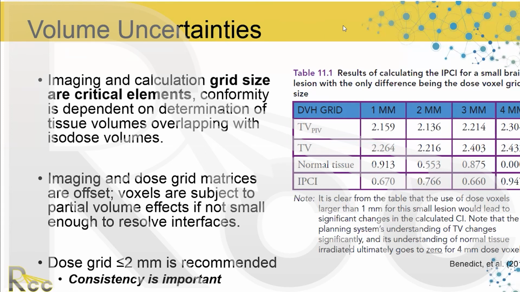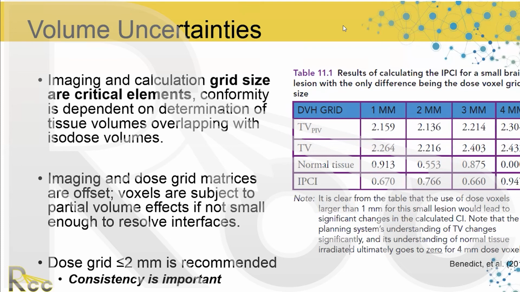How you assign the dose calculation grid and overlay that onto your imaging grid really can change things. This can really lead to some significant differences. And it's important to note that those imaging and dose grids are often offset. So that can lead to volume averaging, especially when you're talking about stereotactic and small volume targets.